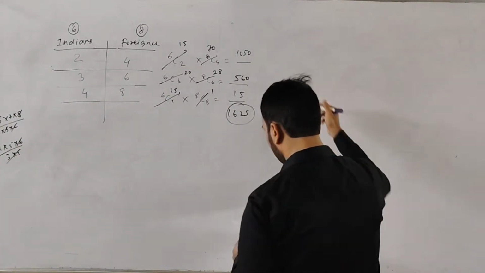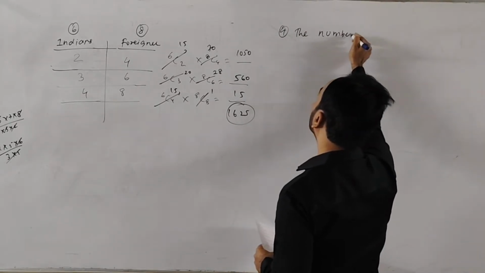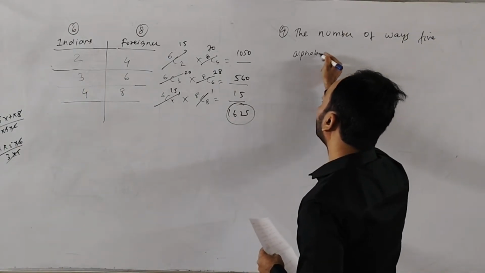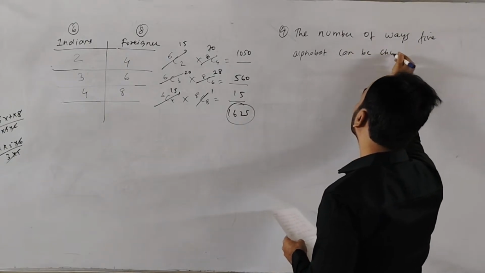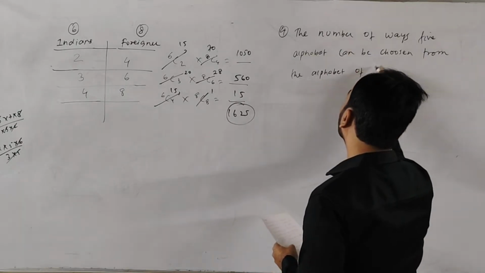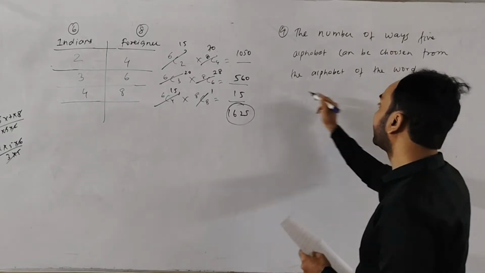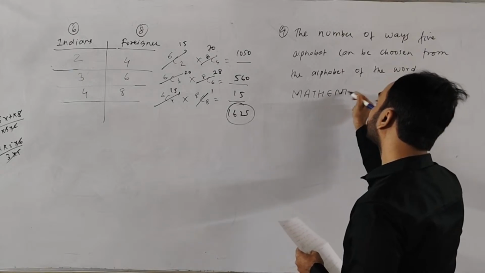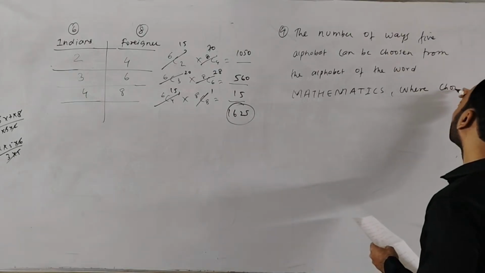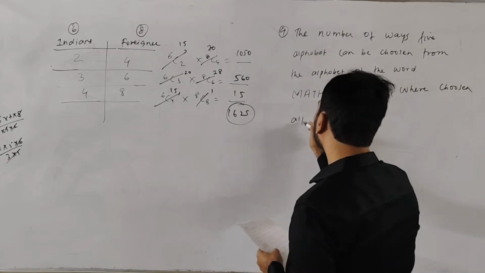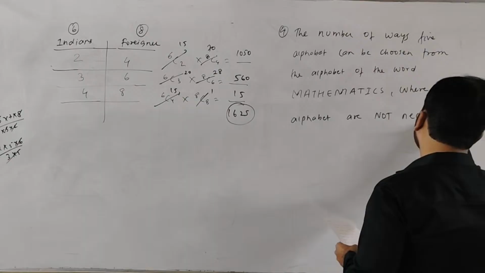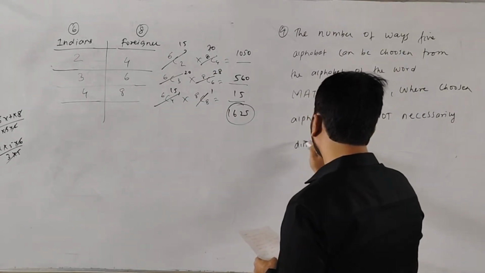From the year 2024, the number of ways five alphabets can be chosen from the alphabet of the word mathematics, where chosen alphabets are not necessarily distinct. Means it is not required that all the alphabets should be distinct.